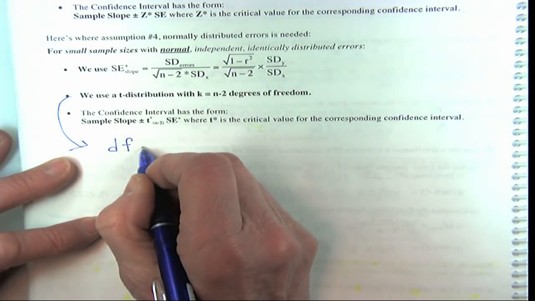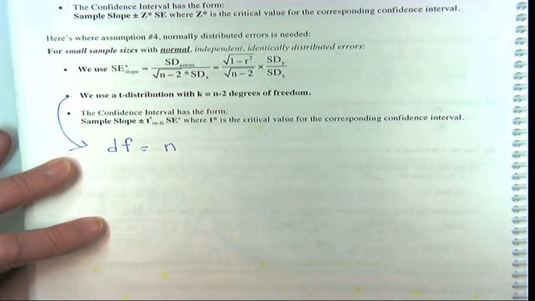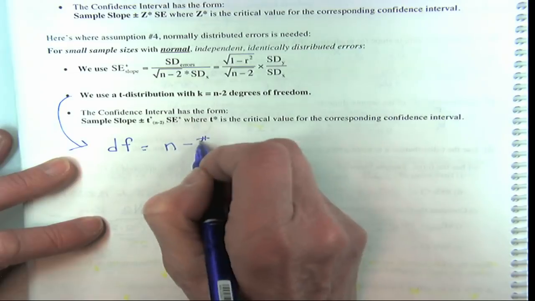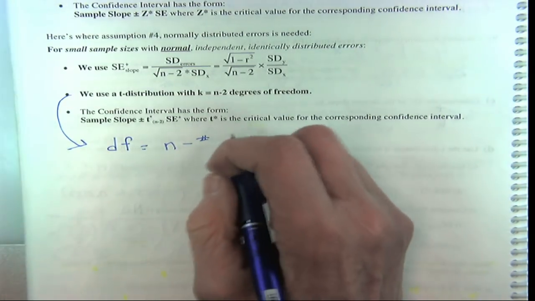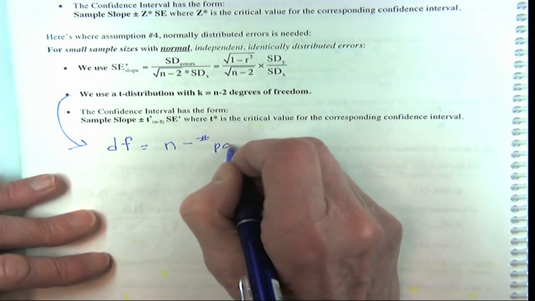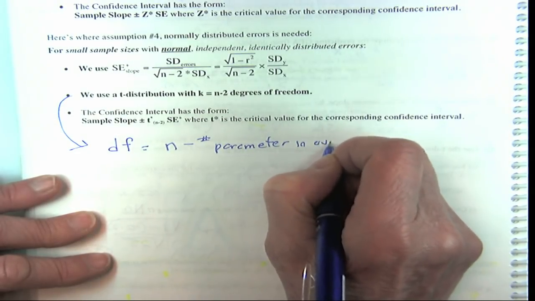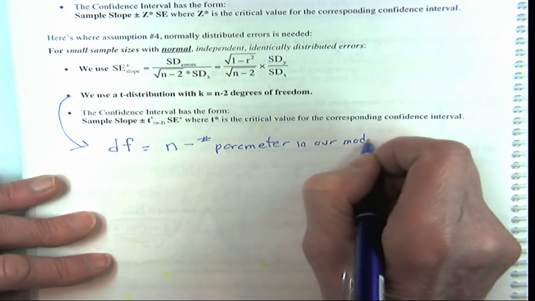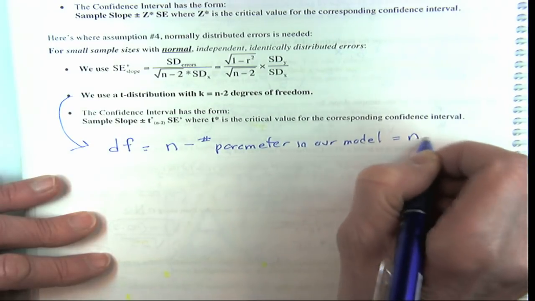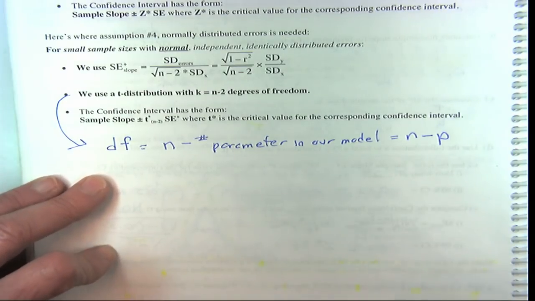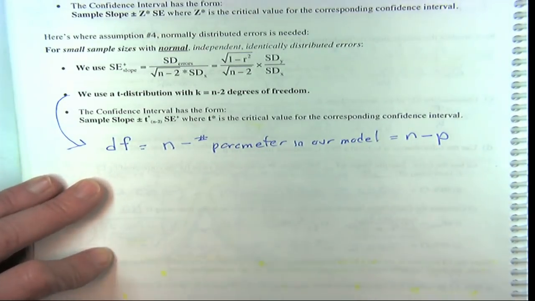The degrees of freedom are equal to your sample size n minus the number of parameters we're estimating in the model. And this is going to come up over and over again. So we can call it n minus p. P is the number of parameters, not a probability, not a p-value. Okay? This is the number of parameters.